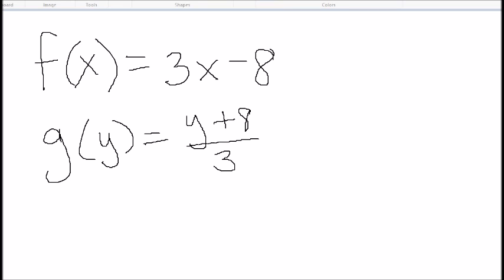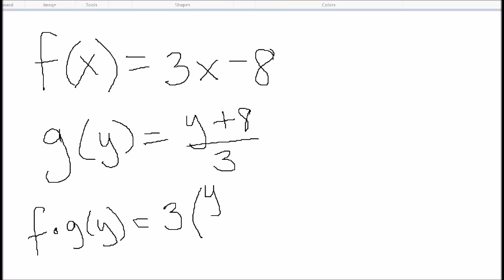We can see that g of y is the inverse function of f of x by considering the composite function f composite g of y. And we'll go ahead and put in the function y plus 8 over 3 for the value x in 3x minus 8.